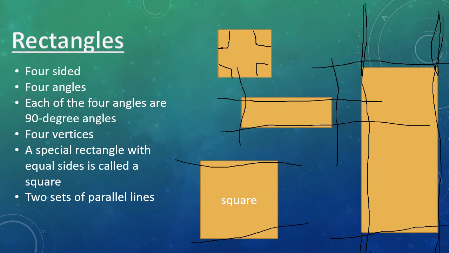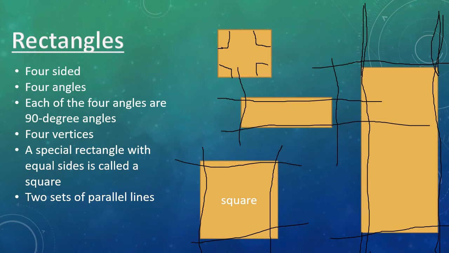If I extend these sides, these lines would never meet. Okay? So that's your rectangle. 4-sided, 4-angled. Your angles are 90 degrees. Special rectangles that have equal sides are called squares. And rectangles have 2 sets or 2 pairs of parallel lines.